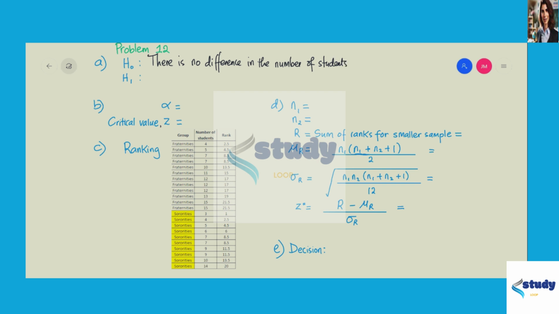And the alternative hypothesis is that there is a difference in the number of students.